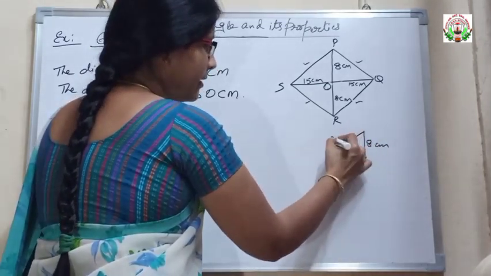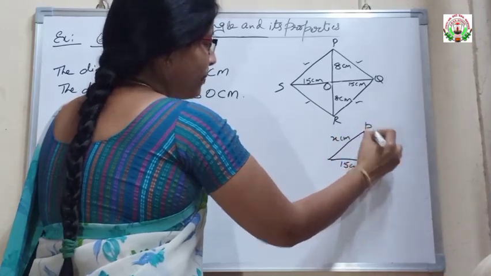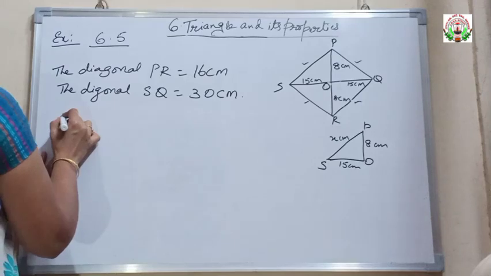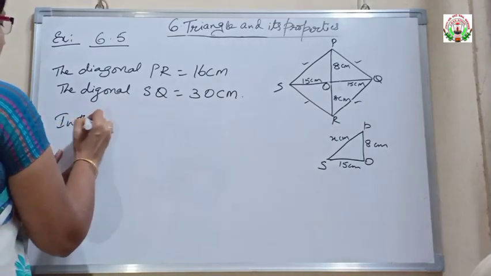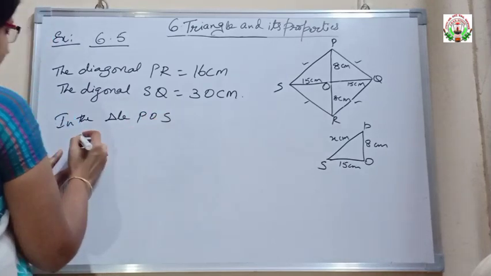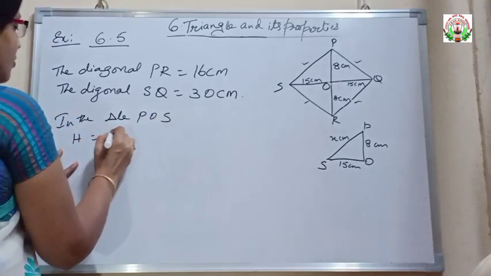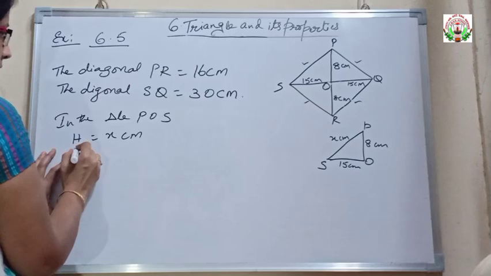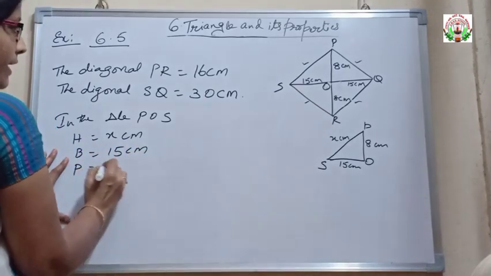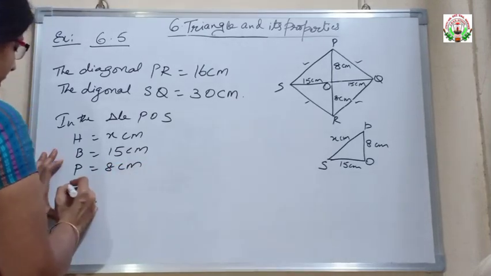We have to find the hypotenuse. So in the triangle POS, hypotenuse is equal to x centimeters, base is equal to 15 centimeters, perpendicular is given as 8 centimeters.